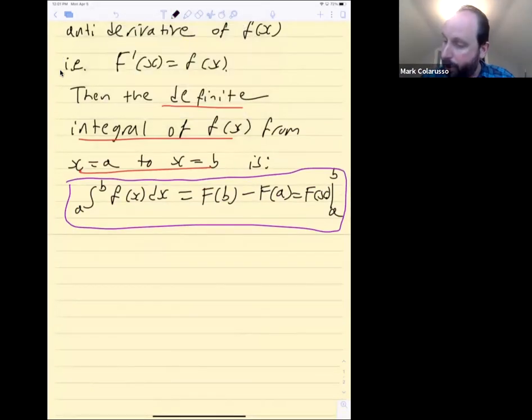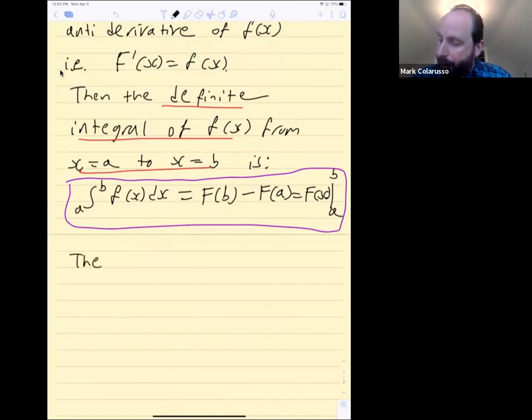Okay, so the definite integral is this guy here. Definite means it gives you a definite number, instead of indefinite, which we did before, which gave you a whole family of functions that all differ by this constant plus c. So you have the integral from a to b of f of x dx. Now let me explain what the language is here.